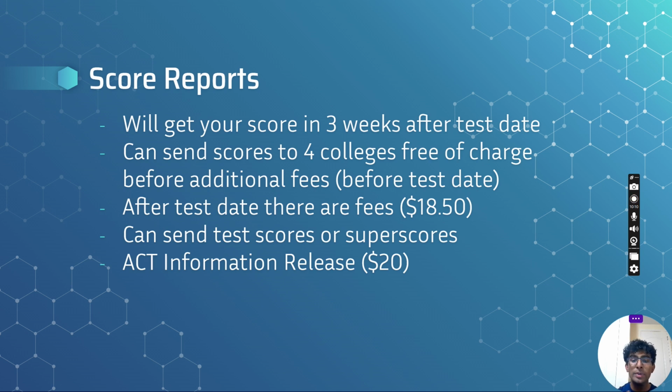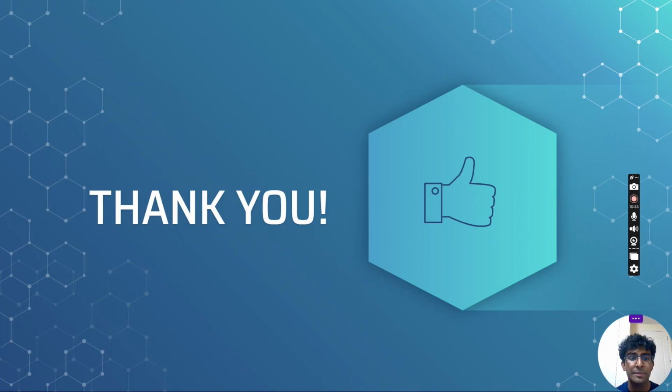If you do have the option for this on your test day, I would highly advise using it. I know it's $20, but if you didn't get the score that you wanted in your first attempt, it really helps you in terms of understanding what didn't I understand and what can I brush upon if I am taking this test again. And you can order this after you get your test score, so you don't need to worry about ordering it right away or right before you take the test.